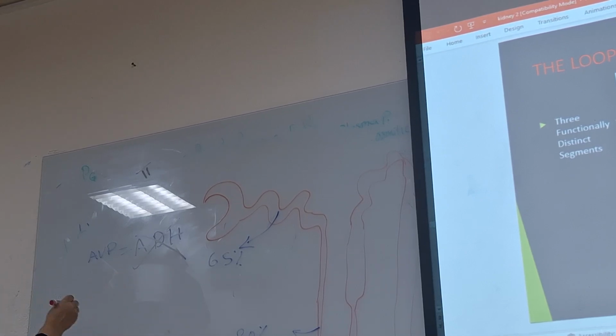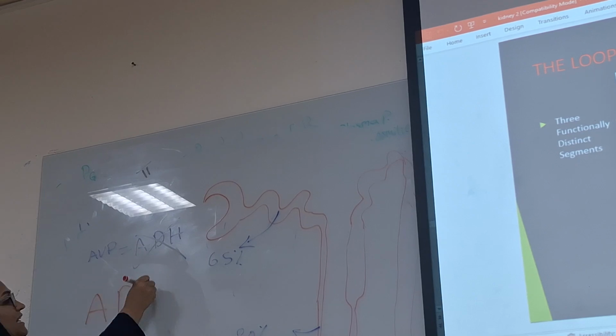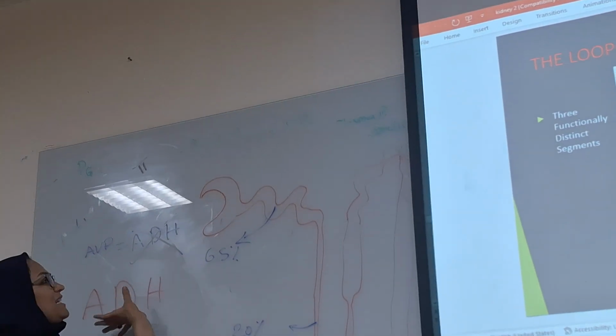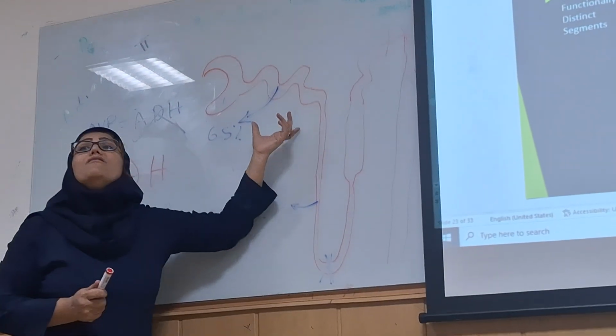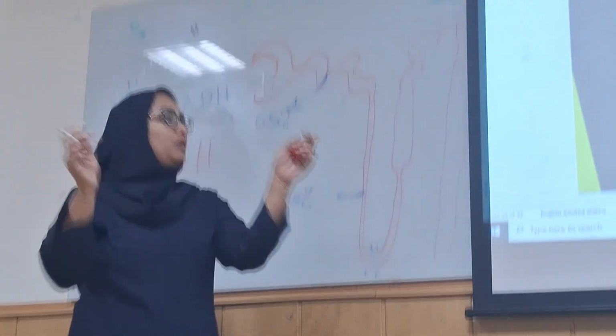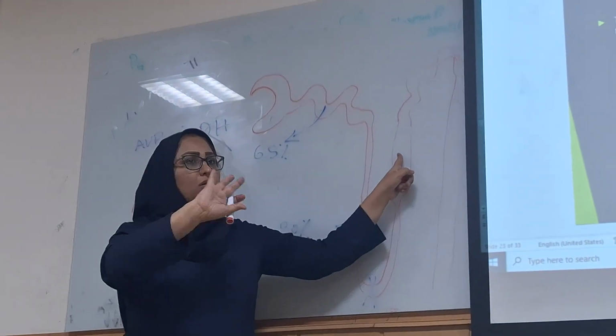Suppose that there is ADH. What happens? ADH has no effect on water reabsorption in the proximal tubule and thin descending limb. Does it have any effect on the thin ascending limb? No.